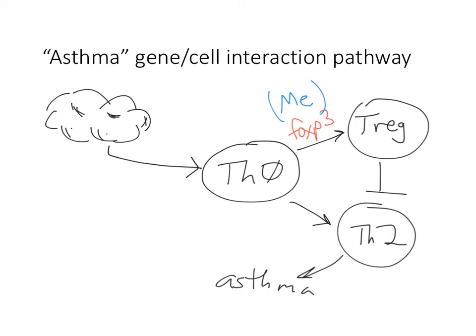Condenses, right? Methylation of the DNA or histones, either, will make the X chromosome, this is not X chromosome inactivation, but it will make the X chromosome condense and turn off transcription. What happens if transcription, so that's low transcription of FOXP3. So if we have reduced transcription of FOXP3, what happens to the Treg cells?